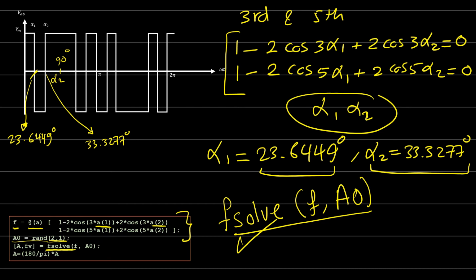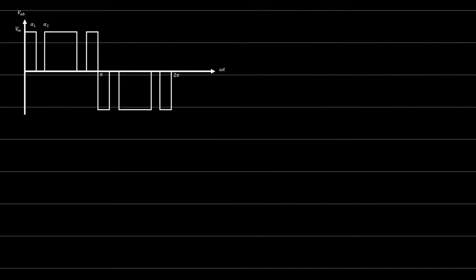Now, we can use other modulation techniques like the unipolar modulation or unipolar waveform. Let's see how to do this. For the unipolar, we can simply repeat the same procedure that we just used and say Bn is equal to 4 times V maximum over pi, but now the integration will be only for this portion and this portion.